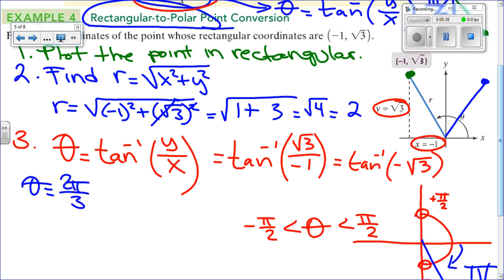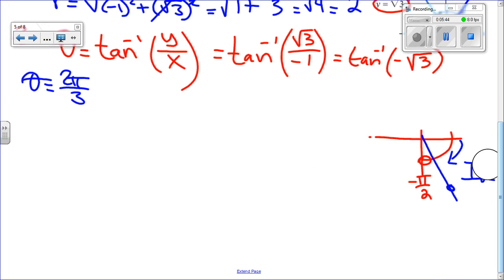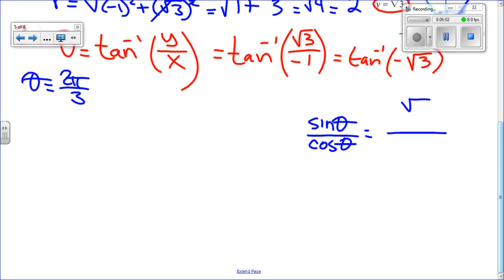Another way to find that, if you don't use the calculator and you just want to use your intuition, you can think of it this way. We know tangent is sine over cosine, so for which angle is this thing, the square root of 3 over 2, and then a 1/2?